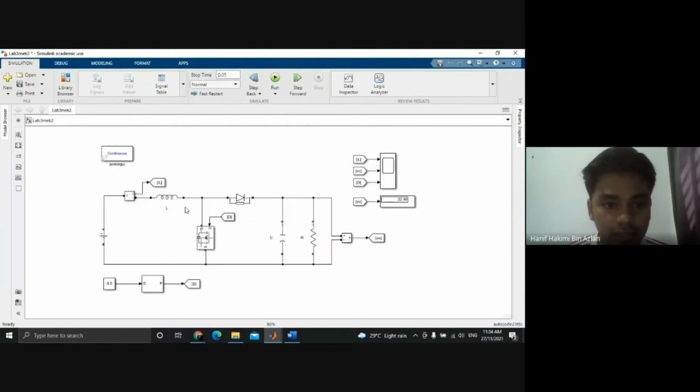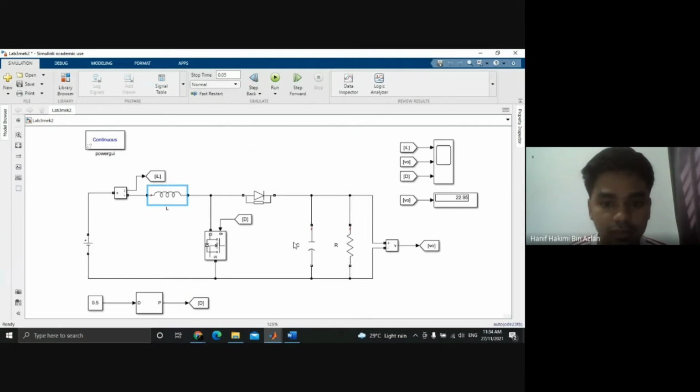This is the inductor, capacitor, resistor, MOSFET, PWM generator and duty cycle, this is for the waveform, and this is for the output voltage result. We have to insert the values of inductor, capacitor and resistor.